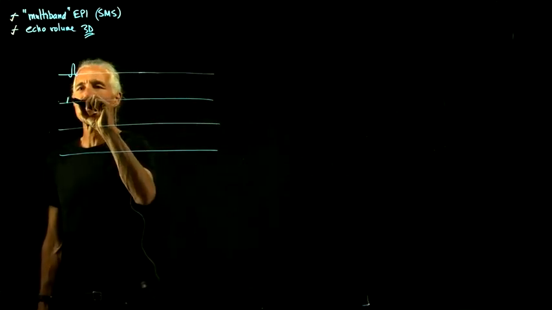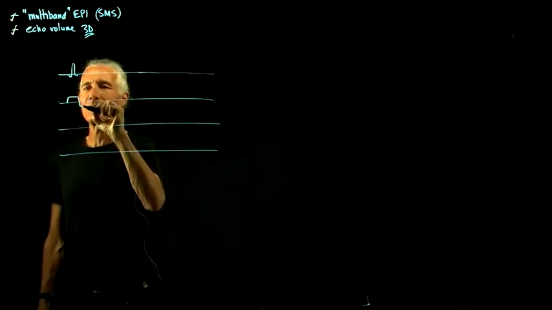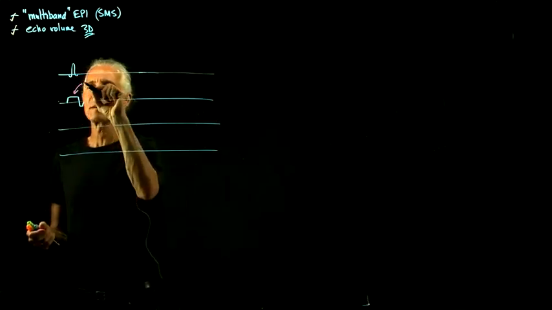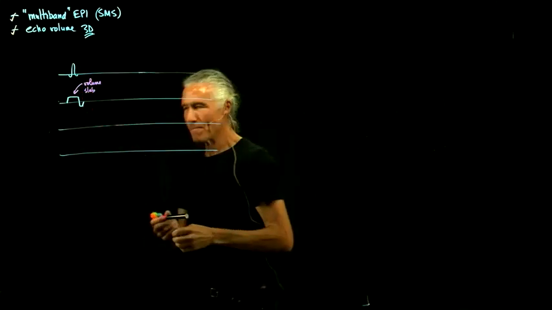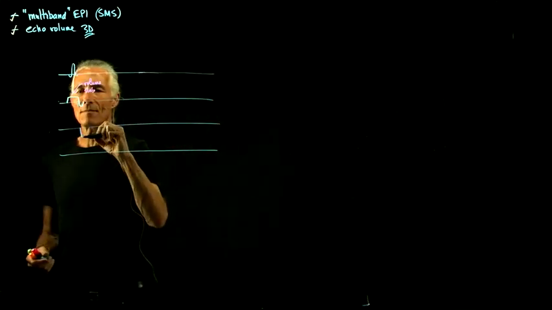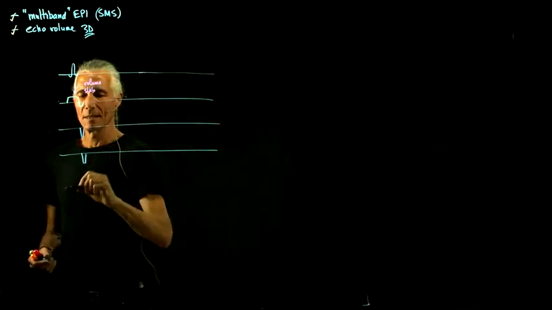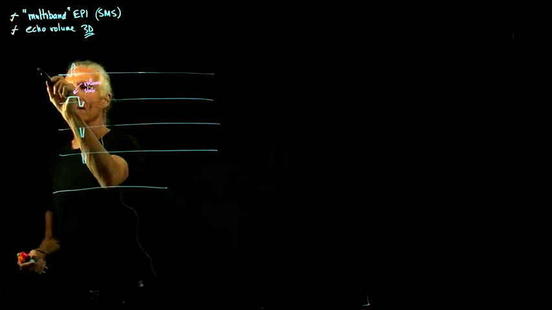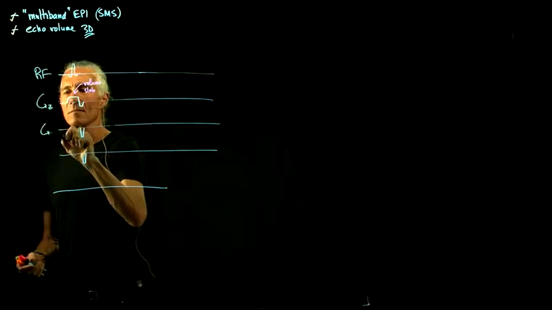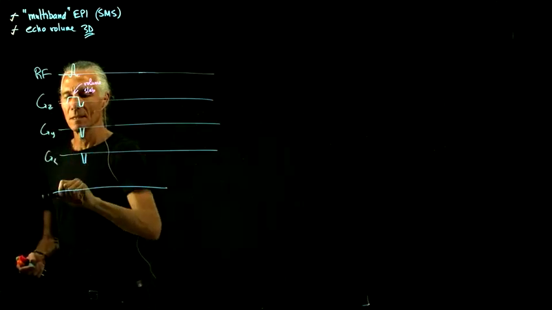So what we would do is select a volume, just a whole volume here, like a slab, and then do our regular EPI. So, go to the corner of k-space. So this is RF, GZ, GY, GX, RF out.